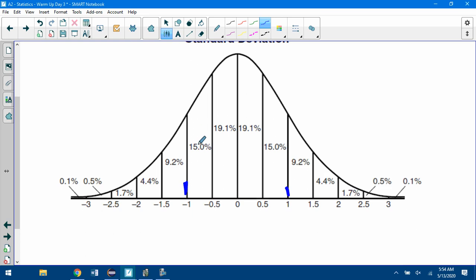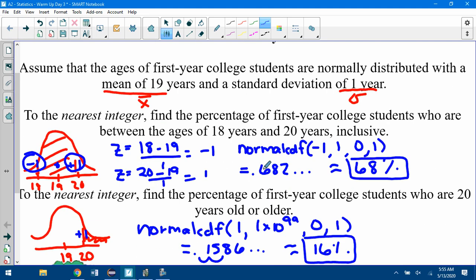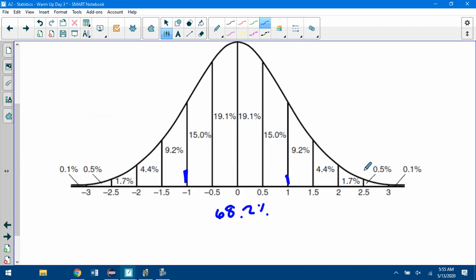And if you add these up, we have 19.1 plus 19.1. Okay, so that's 38.2. 15 and 15 is 30. So 30 plus 38.2 would be 68.2%. So 68.2% of the data fall between -1 and 1. That's what we got right here, 68.2%. Literally the exact same thing. The calculator is doing this work for you.